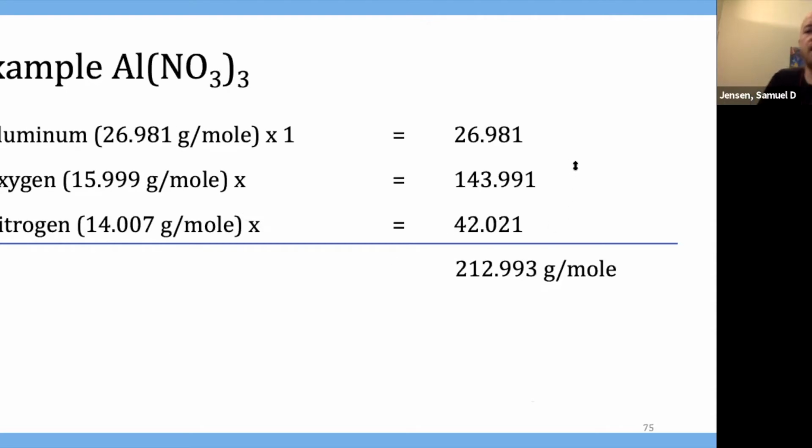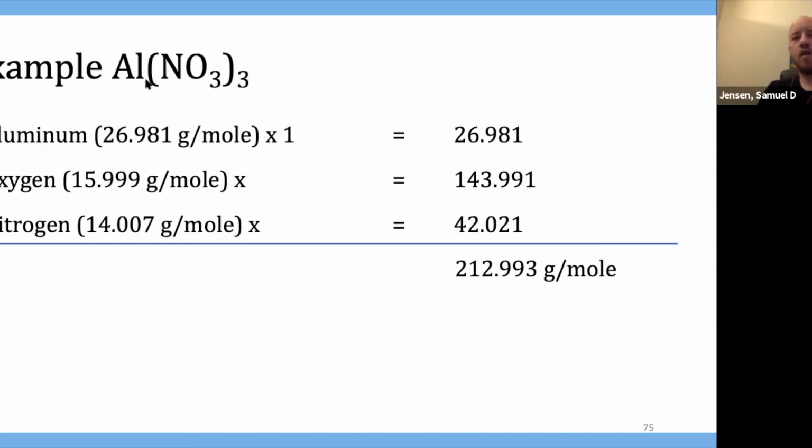Another example. Here we see an example for aluminum nitrate. The aluminum is 26 grams per mole.